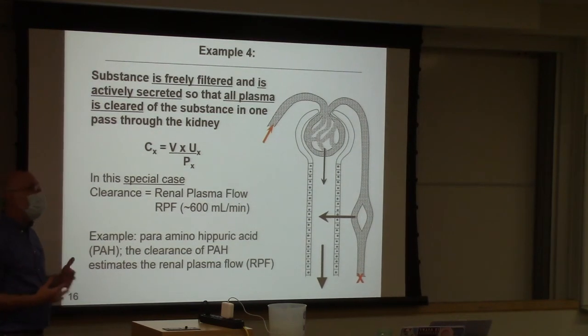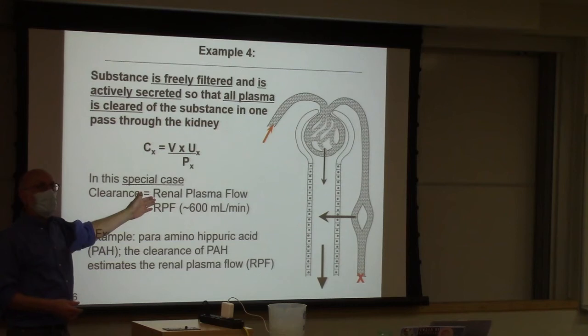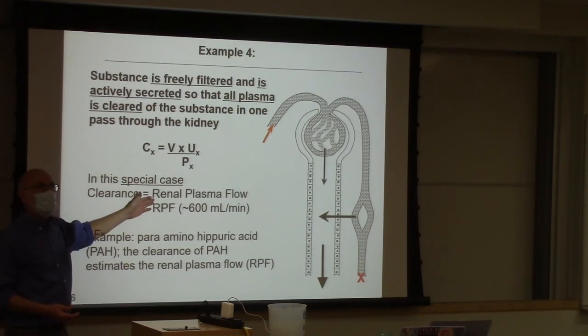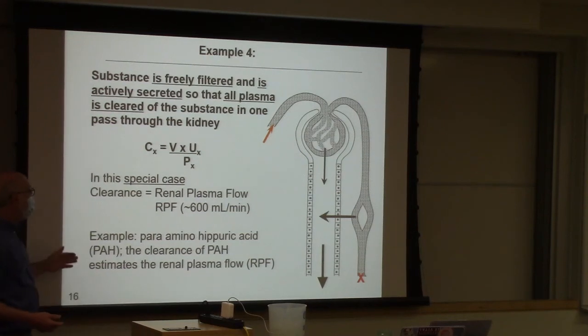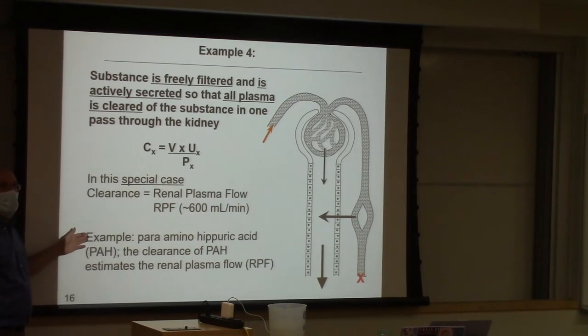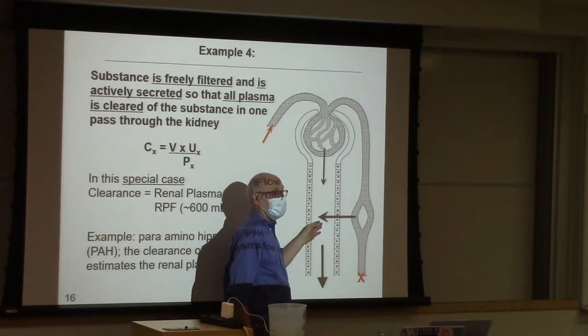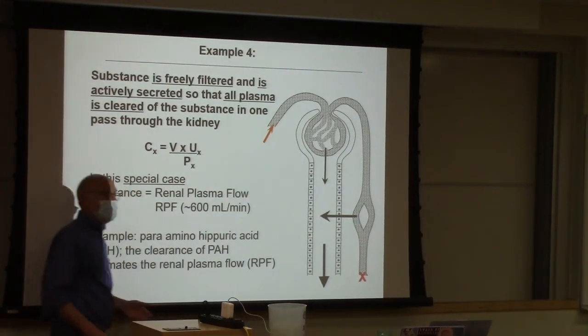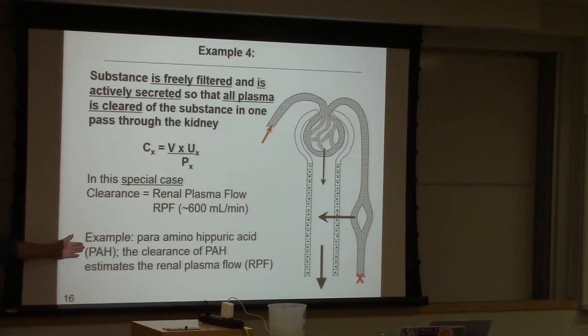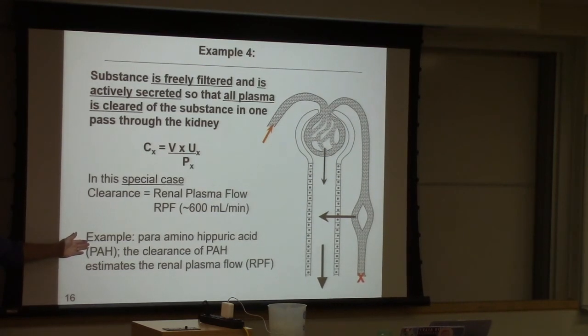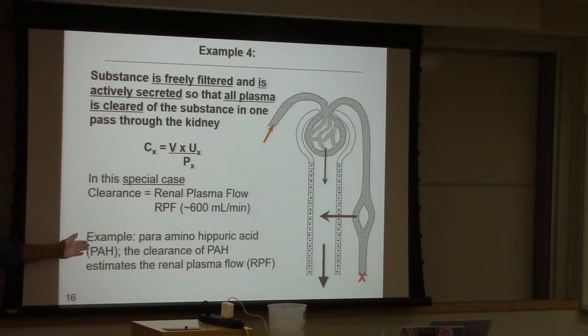But if we wanted to know the flow of blood into the kidneys, we would calculate that from the clearance of a substance that is both filtered and secreted. And that substance is a natural metabolite called para-aminohippuric acid, which I will not ask you to memorize.